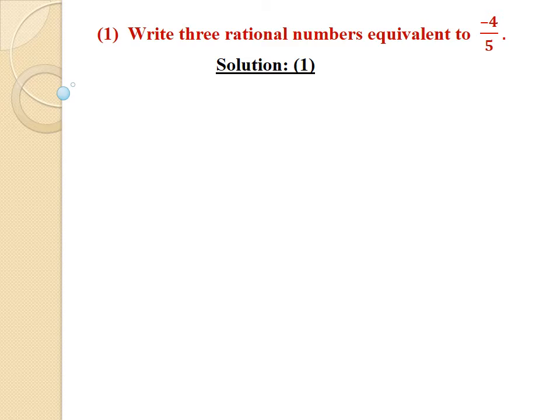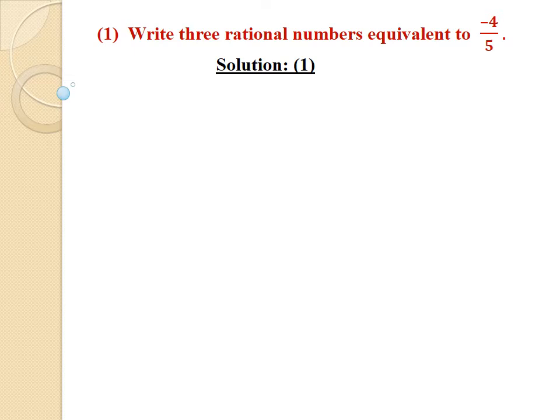For example, 4 upon 19 is a rational number. Here A equals 4 and B equals 19 are both integers. So now let us solve sum number 1.